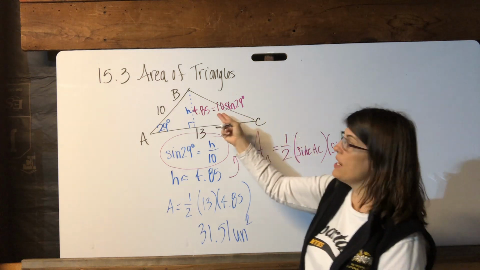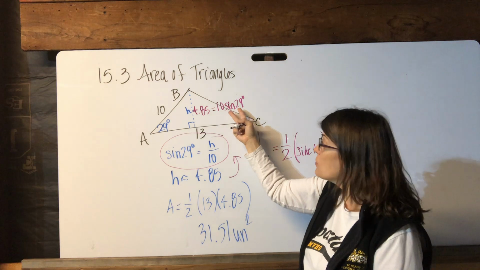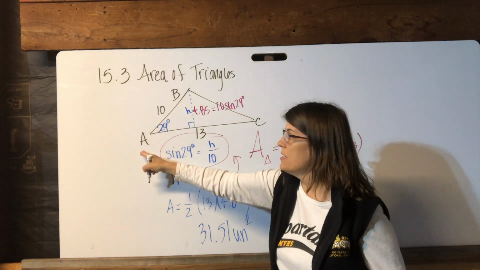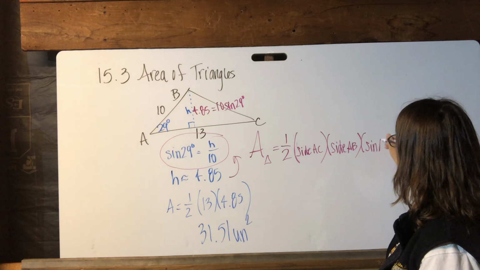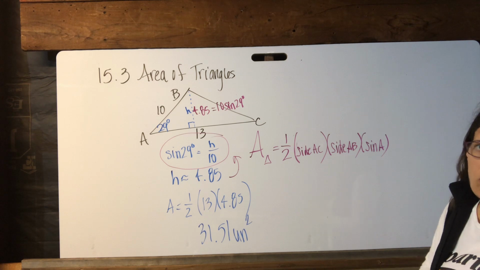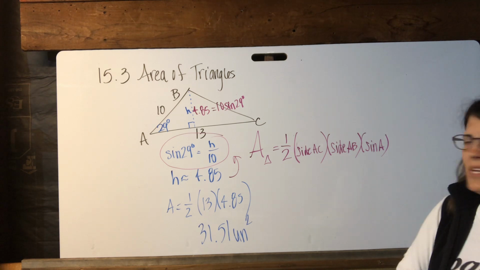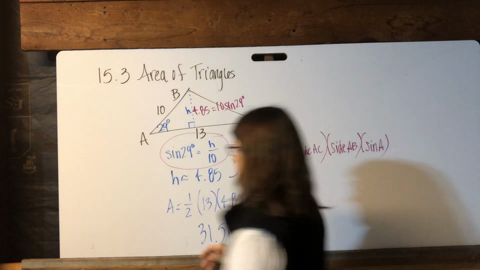Then we multiplied the 10, which again is side AB, times the sine of 29 degrees. The sine of 29 degrees comes from angle A. This is very messy, so of course we're going to abbreviate it. I don't want to use side AC or side AB, so let's fix it.